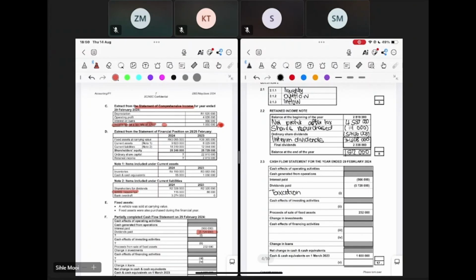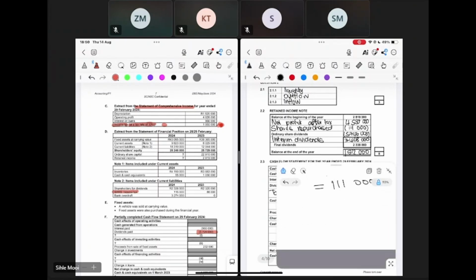So the formula for taxation paid is equal to your SARS income tax opening balance, if you owe it, plus your income tax expense for the year, minus your SARS income tax at the end of the year. And we have all that information.